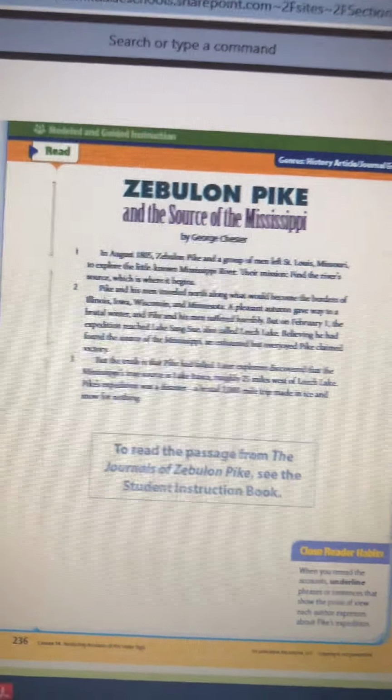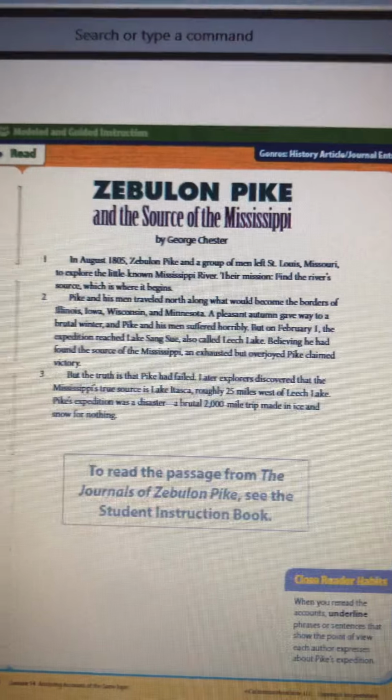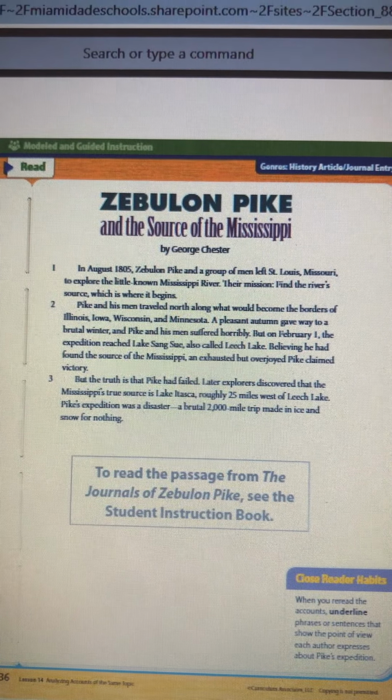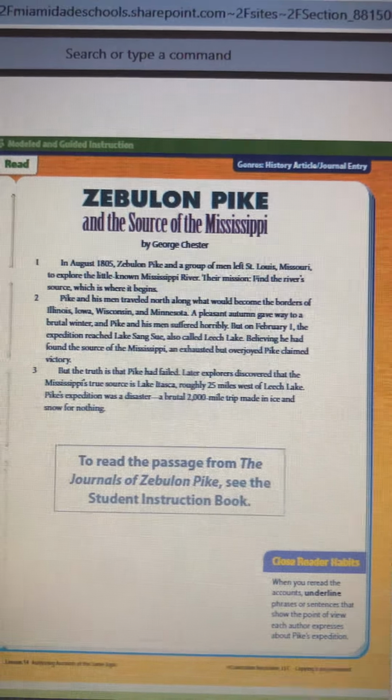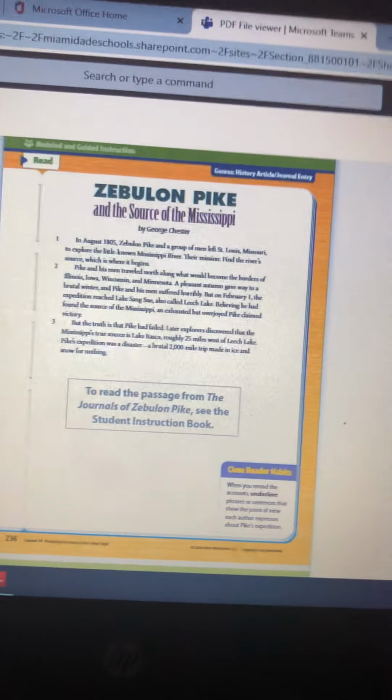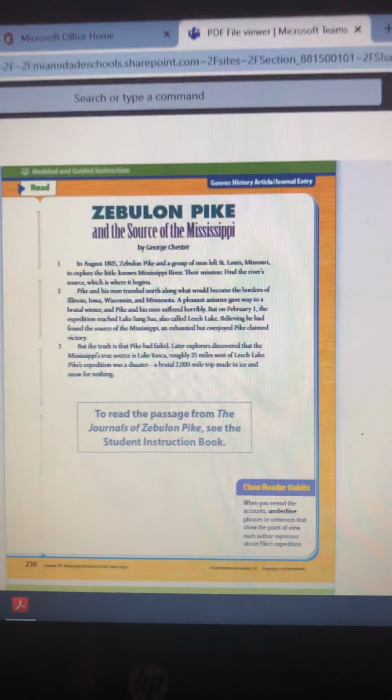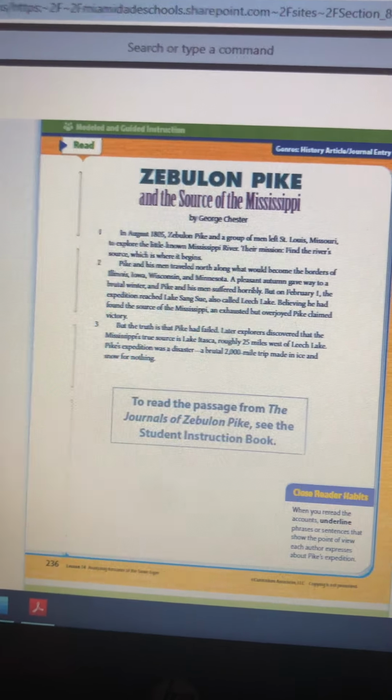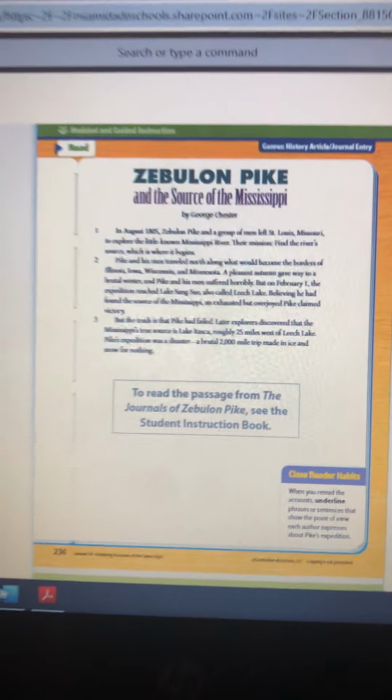Okay, I'm not sure how to pronounce this, so I'm thinking it's Zebulon Pike in the Source of the Mississippi by George Chester. Whenever you get to the read section, yours is going to look a lot longer. You'll be comparing multiple sources or text or articles. All of those things mean the same, okay?